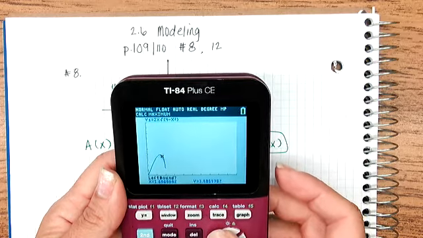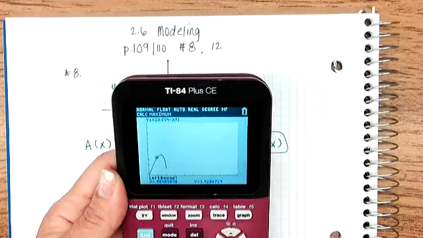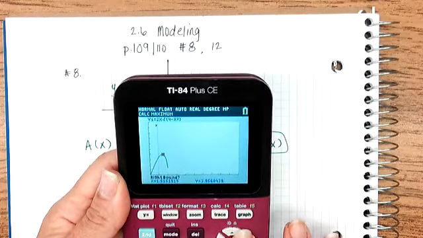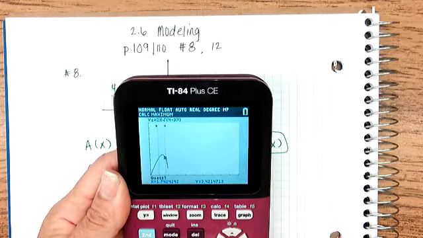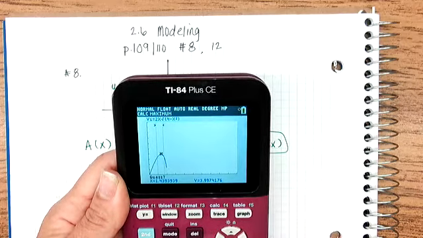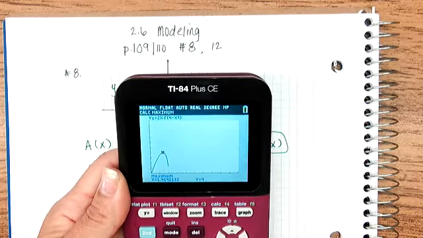Now, it took me a while. I had my cursor going to the left. It took a while to show up. Enter. And set your right bound. Enter. Guess, and there's the answer, 1.41.